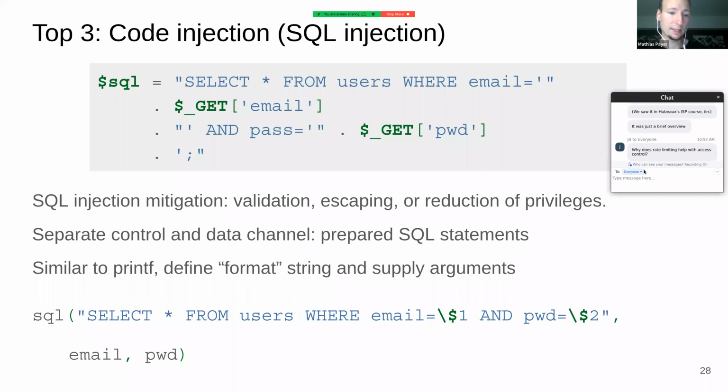And then we supply the email and password to this actual prepared statement. And then we don't need to worry about the information that's actually being provided. This separates the control and data channels from each other and allows us to actually provide the information as intended and required.